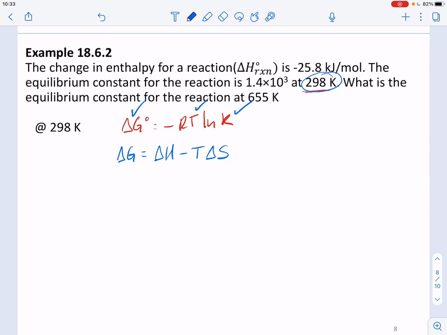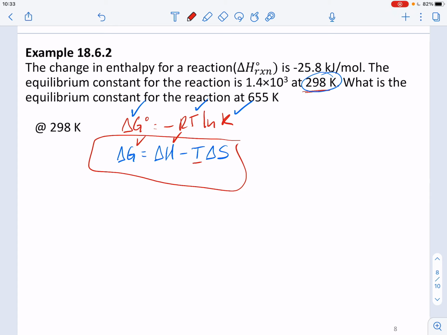And then you have delta G and delta H, and you still have the temperature, so you can calculate delta S. Well, the thing is, we need to calculate the constant at a different temperature, and to do that we need delta G at a different temperature. And this is the equation that allows you to calculate delta G at different temperatures, right?